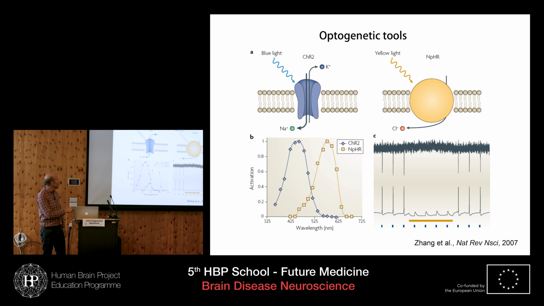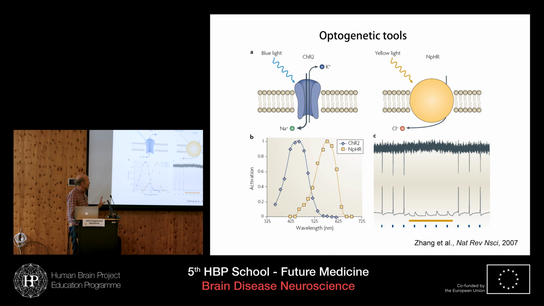So you can apply blue light to activate the cell or yellow light to inactivate the cell, and you can express both of these proteins in the same cell. So you can bidirectionally, in real time, turn neurons on and off. It's very exciting. We hope that it might ultimately be useful in patients, but that's going to require a lot of optimization in terms of gene therapy, et cetera.